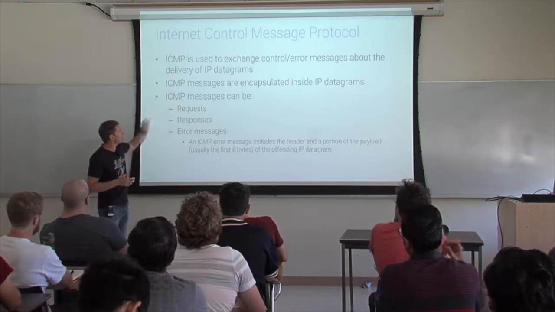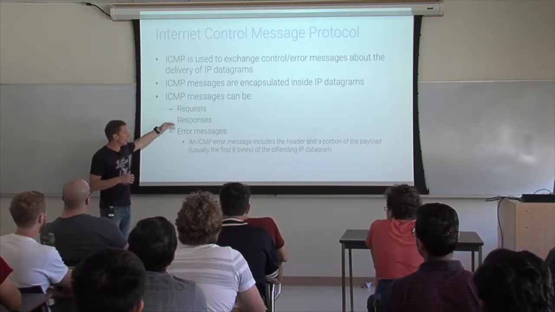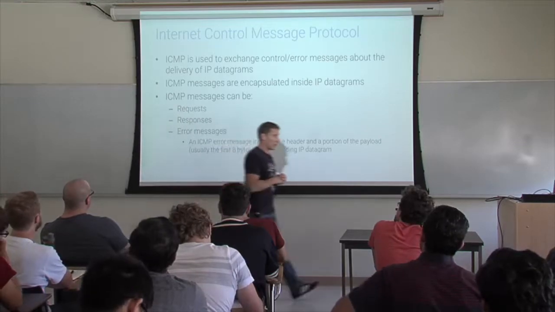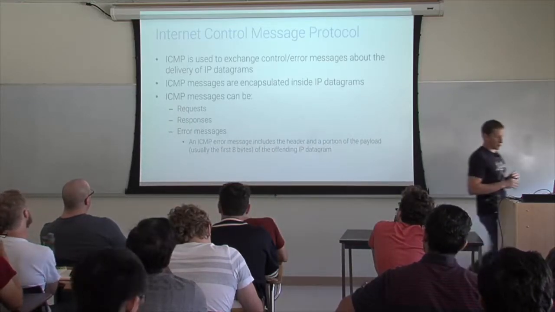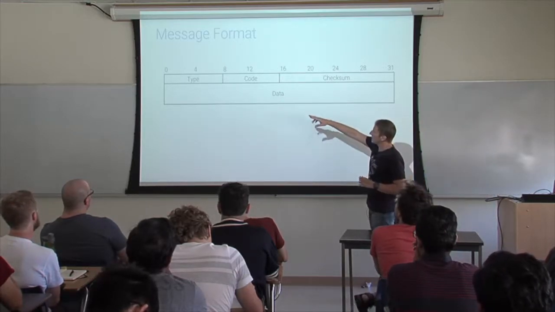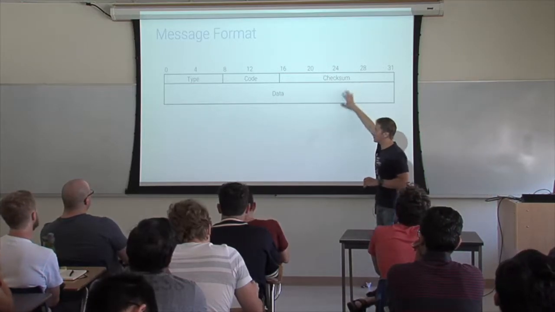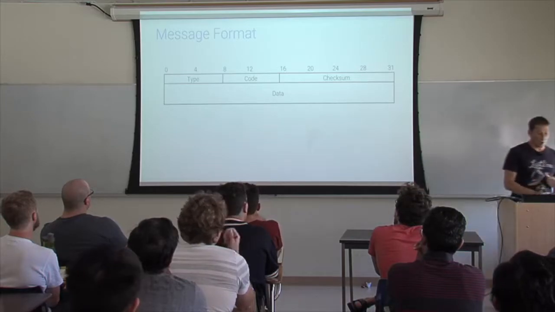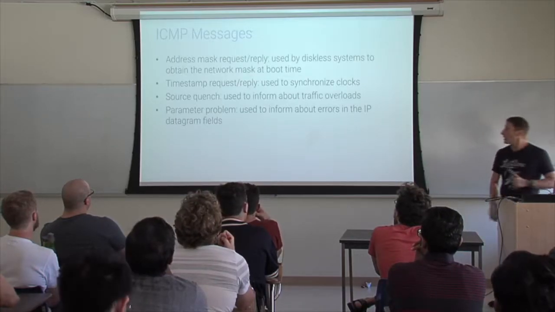ICMP messages can be requests, responses, or very commonly error messages. The message format is very simple: a type, a code, a checksum, and a bunch of data that depends on the message.